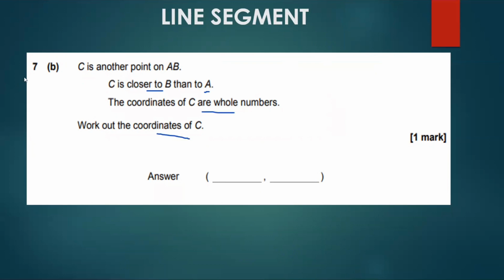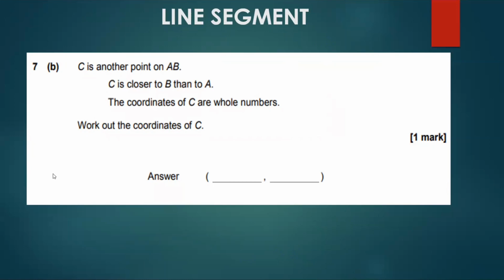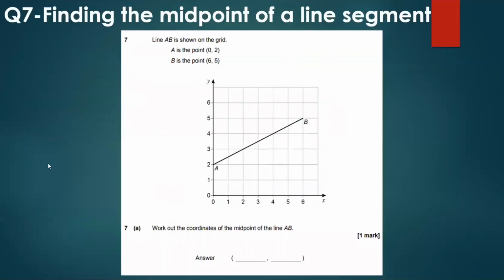Work out the coordinates of C. Well, I can see here that by estimating it, that's going to be 4, 4. Now we can clearly see visually that this line is closer to A than it is to B.